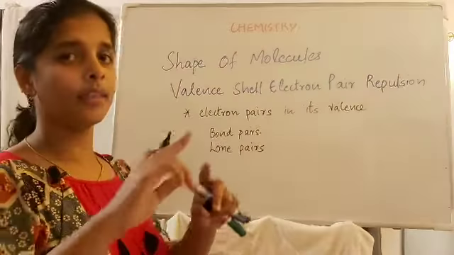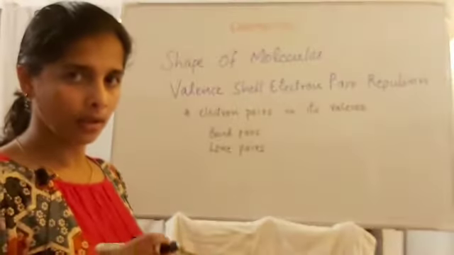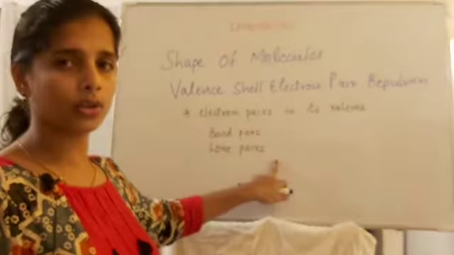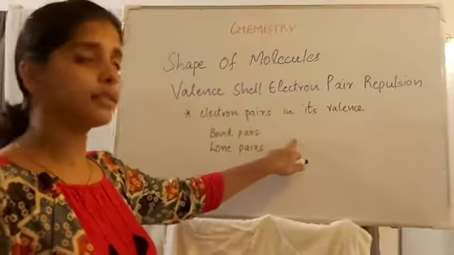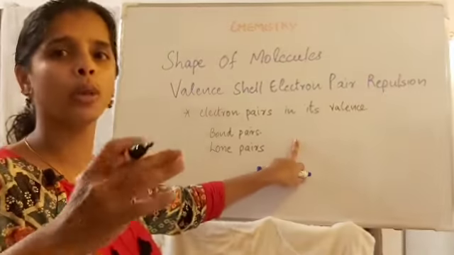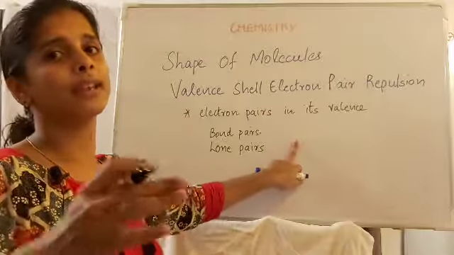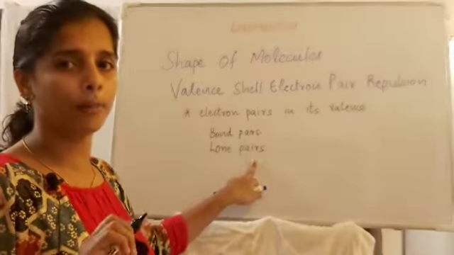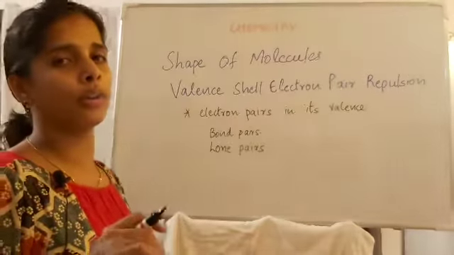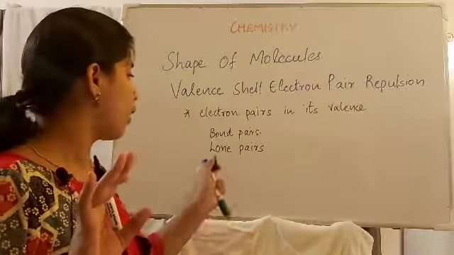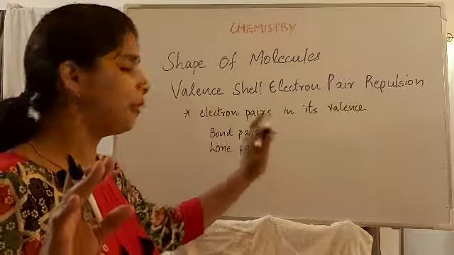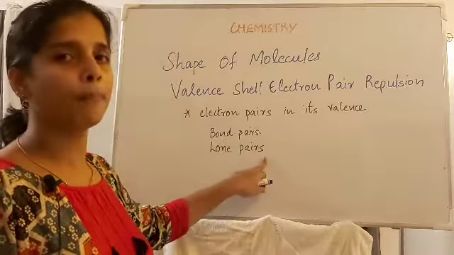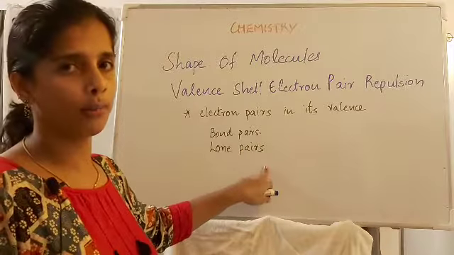So in the valence shell of an atom, in the outermost shell, there are two types of electron pairs. The first is the bond pair, the electron pairs that have been bonded with some other atoms, and the other is the lone pair that has not undergone any bond formation. So there are two types of electron pairs, bond pairs and lone pairs.